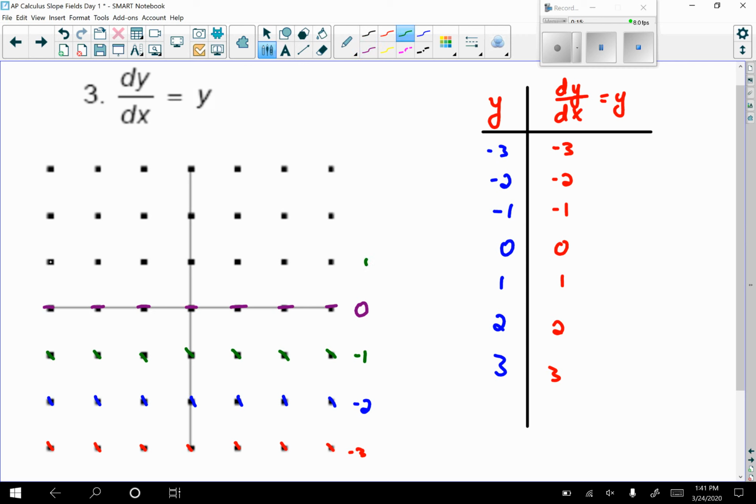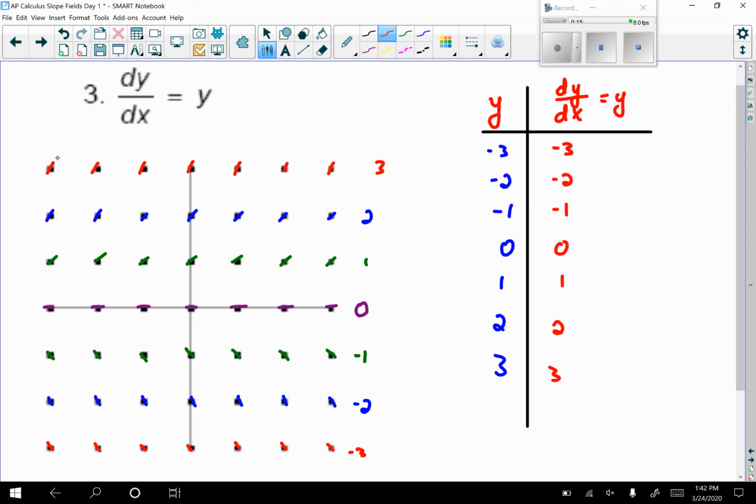At 1, all of my slopes are 1. And that's y equals 1. At 2, all of my slopes are positive 2. And then at 3, all of my slopes are positive 3. So if I start down here, go up 3 over 1, we're kind of matching it here. All right, so there would be my slope field.